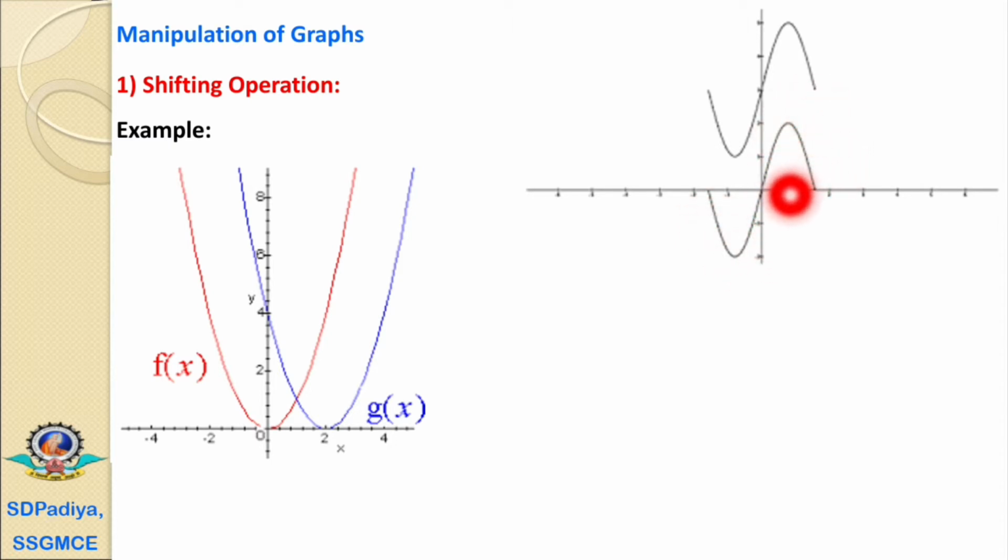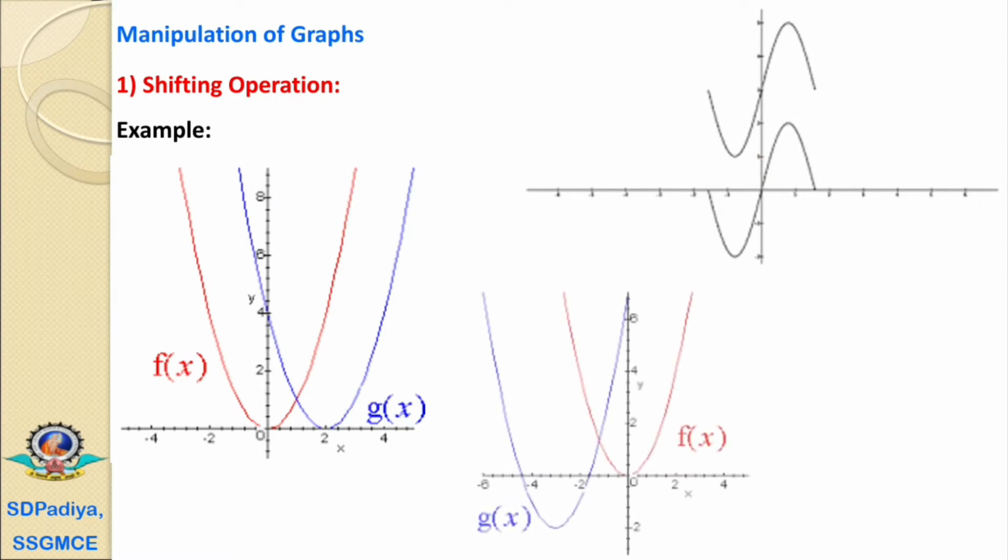This sine wave is totally shifted over the y-axis. That we call the vertical shifting. And we have the third example. Now here the function f of x is shifted horizontally as well as vertically, and therefore we have the resultant g of x.